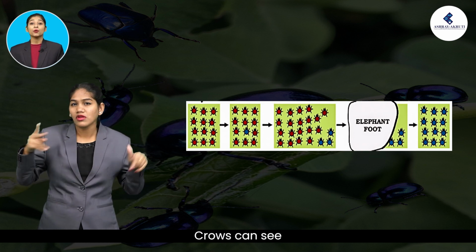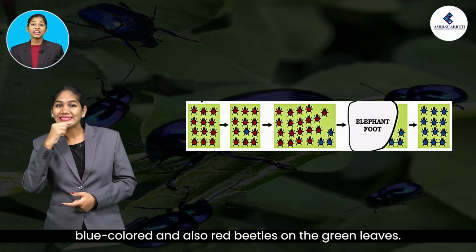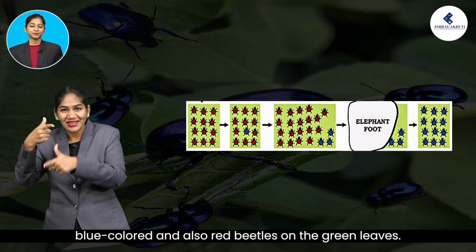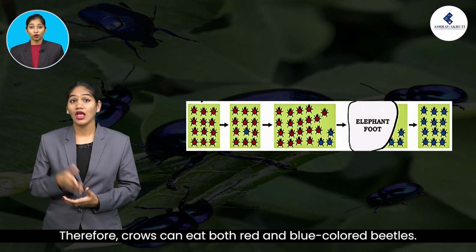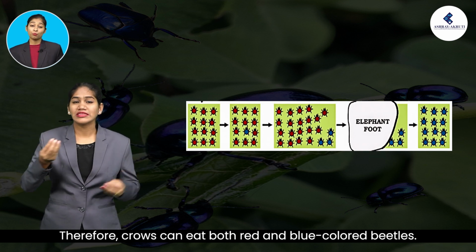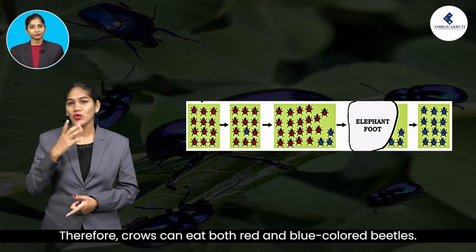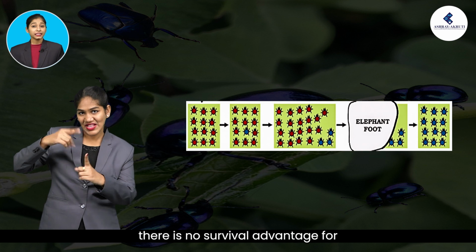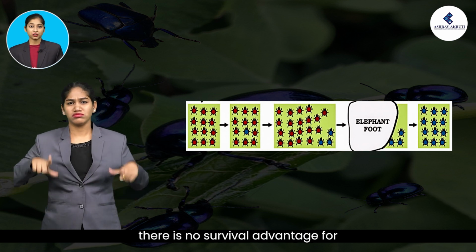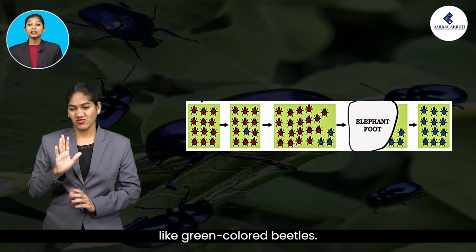Crows can see blue-colored and also red beetles on the green leaves. Therefore, crows can eat both red and blue-colored beetles. In this case, there is no survival advantage for blue-colored beetles like green-colored beetles.